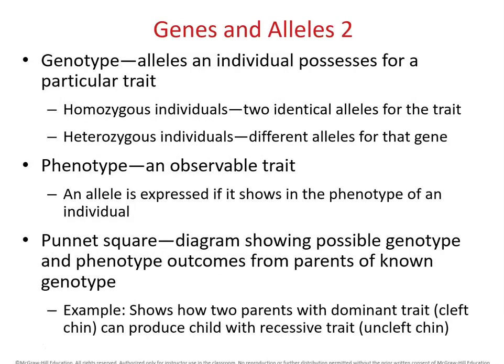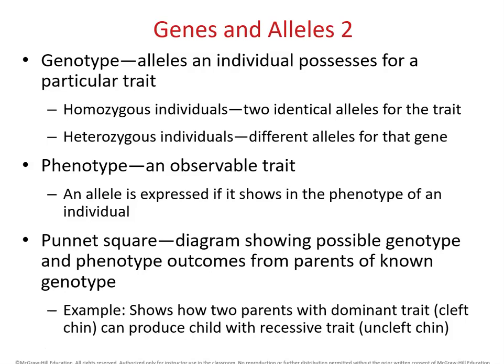So some keywords here that are really important for us to know. Genotype. The genotype is the genes that an individual has. What does the DNA code say for a certain trait? So a homozygous individual has 2 copies that are the same. So 1 chromosome and the other chromosome match in terms of what their allele looks like.